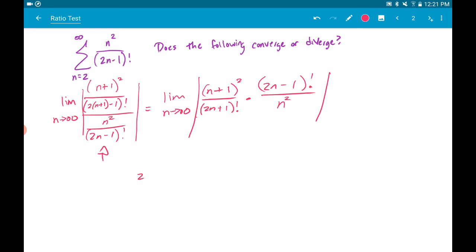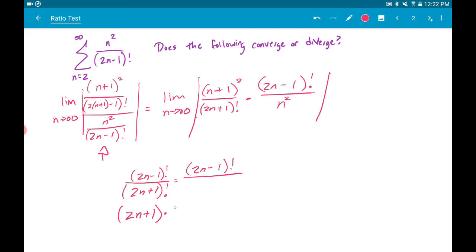So if I look at 2n minus 1 factorial, first thing I would ask you is what has more terms, the bottom or the top? Pause it, think about it, do what you need to do. The answer is going to be that the bottom has more terms. And so I'm actually going to leave the top alone. And if I take away 1 from this, it would be 2n plus 1.